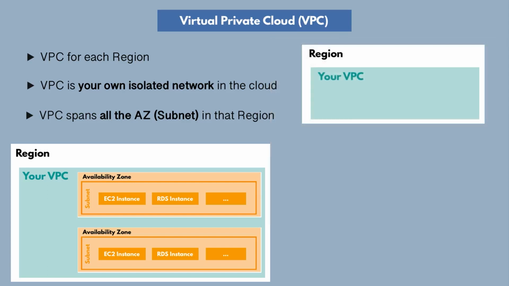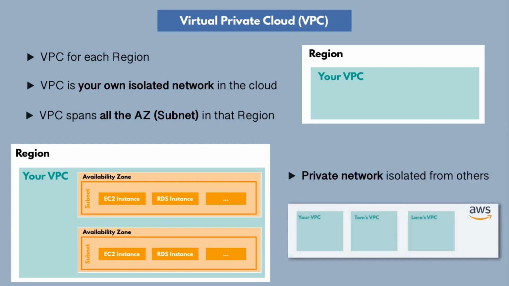So in each region, VPC isolates a space where you are creating your virtual instances, your servers, maybe database instance, some other components from different services, because obviously this is a data center where others also rent virtual servers and create components.